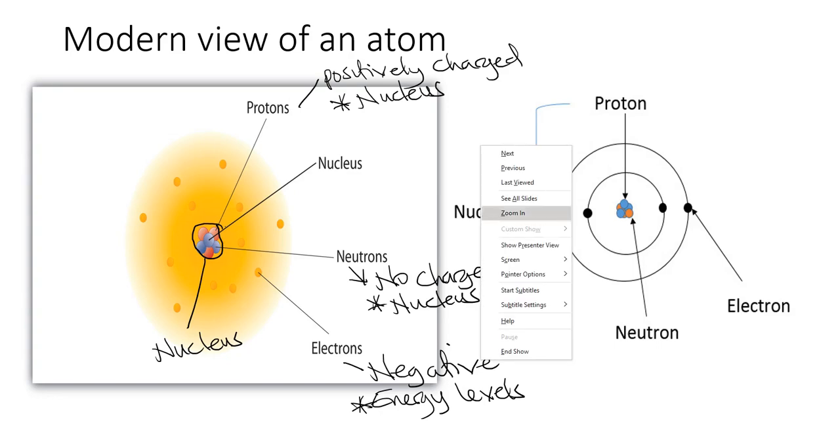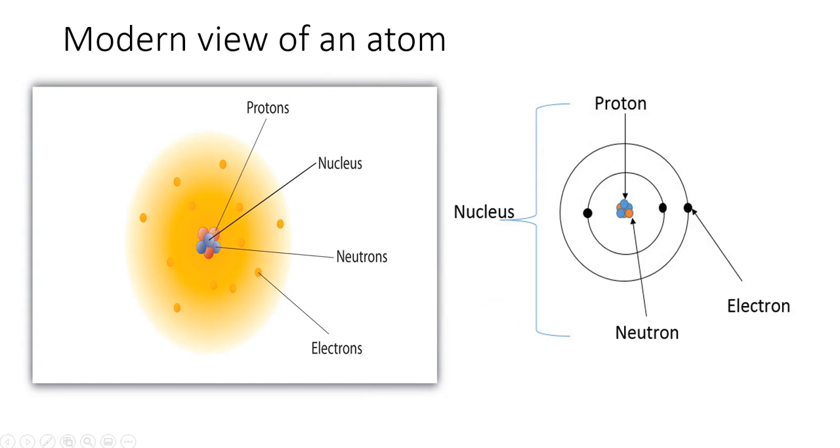So let me now describe electron shells. We use what we call a cloud theory of an atom.